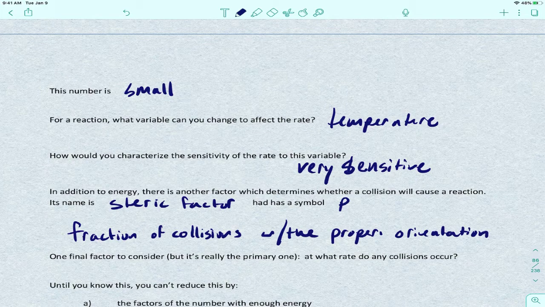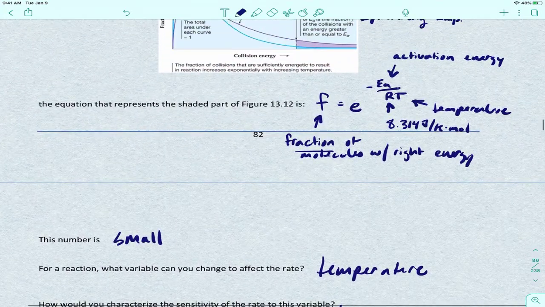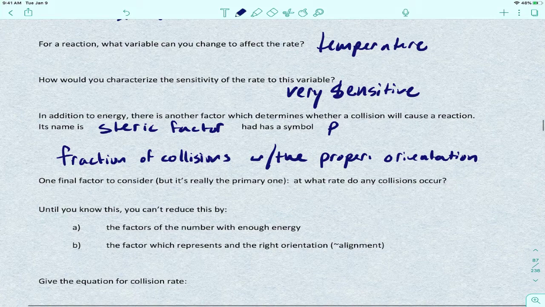So in order for a chemical reaction to occur, molecules have to slam into each other with the right energy and the right orientation. This first equation takes care of the energy part, but the steric factor takes care of the orientation part.